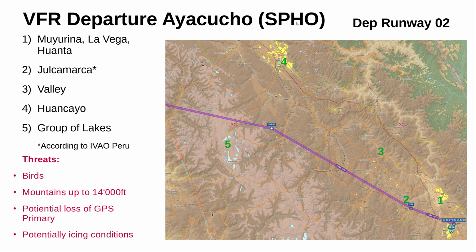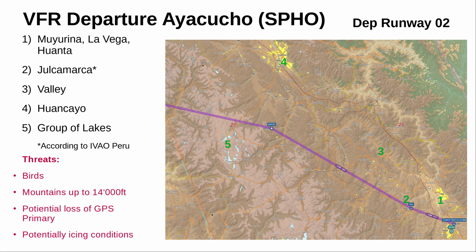And our second reference point then is the town of Julcamarca. Julcamarca is located here at the number 2, and Julcamarca is not something that we will overfly. We are going to fly along this valley.